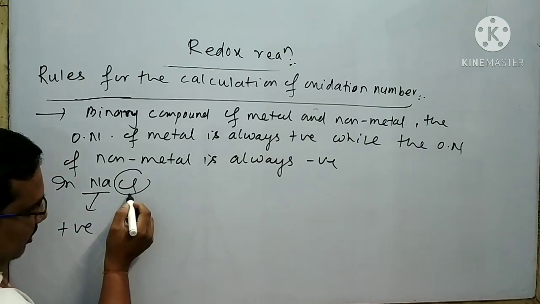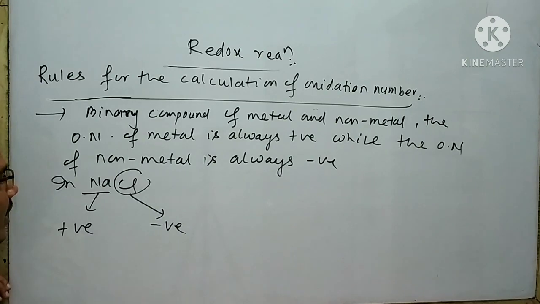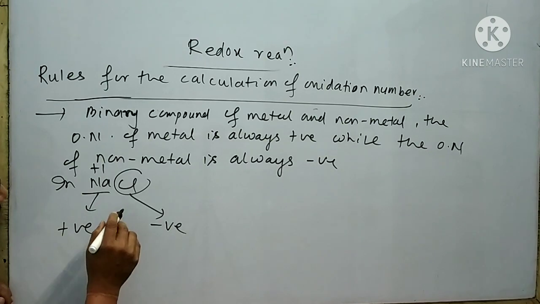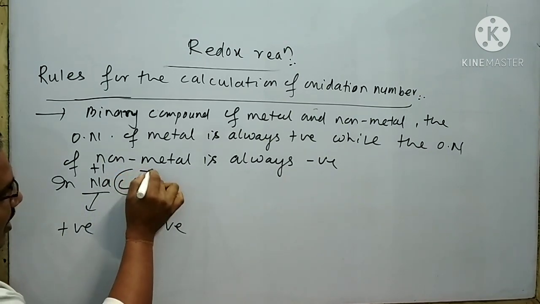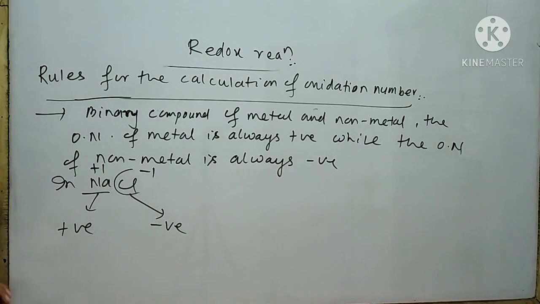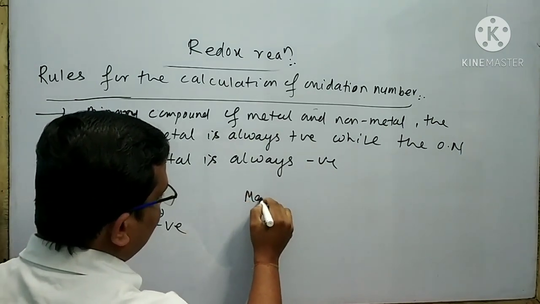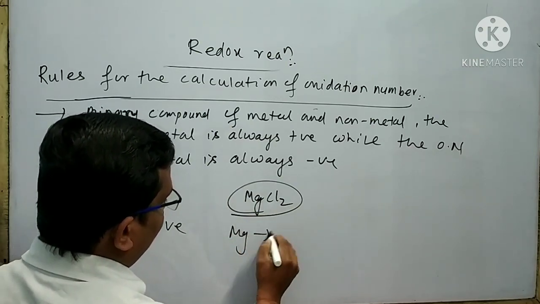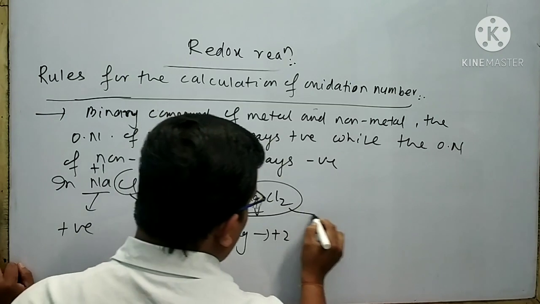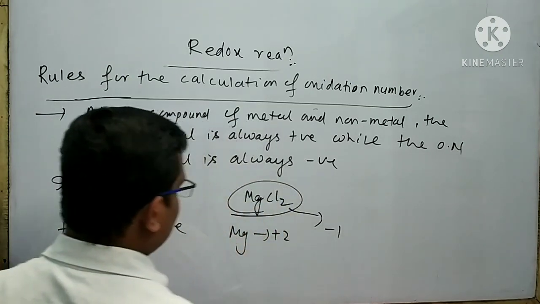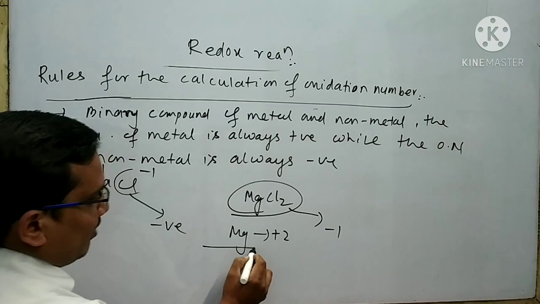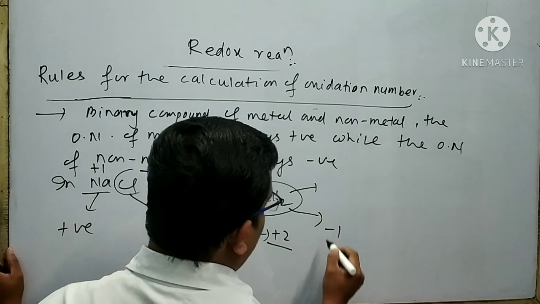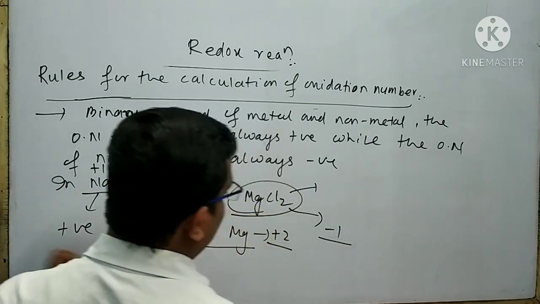On the other hand, the oxidation number of chlorine must be negative. In NaCl, sodium has +1 oxidation state, while chlorine has -1 oxidation state. Similarly, take another example, MgCl2. In MgCl2, magnesium has +2 oxidation state, while chlorine has -1 oxidation state. Magnesium is a metal, so its oxidation number is positive. On the other hand, chlorine is a non-metal, so its oxidation number is negative.